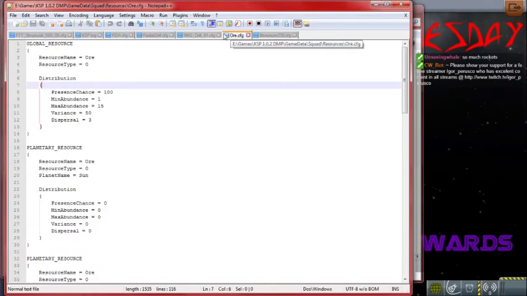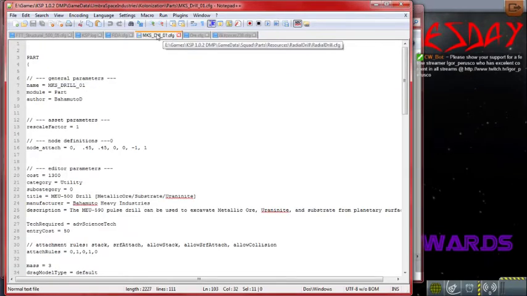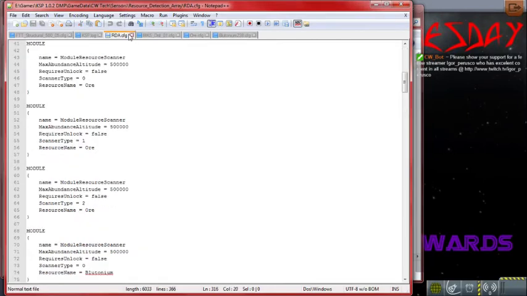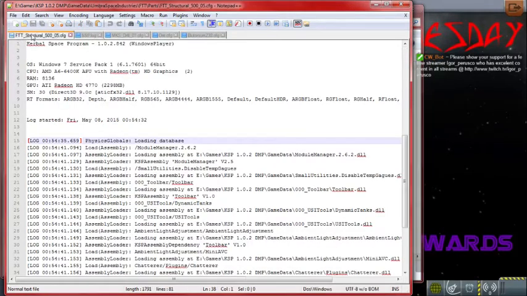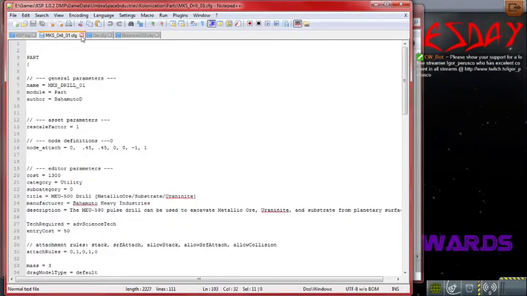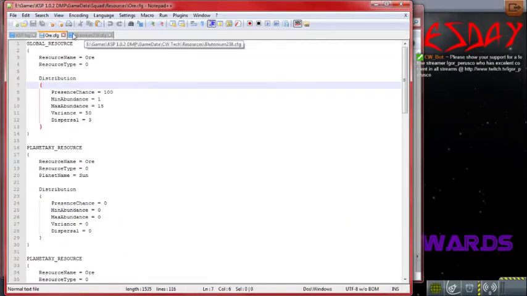Get rid of that one. That one. That one. That one. Log file. That one. And get rid of that one. So we'll keep ore open as our base config to work from.